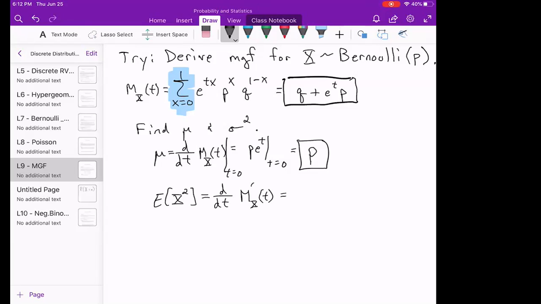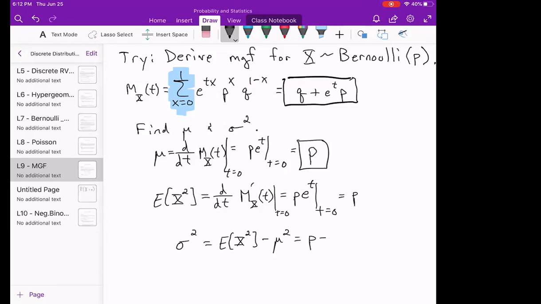So the derivative with respect to t of P e to the t is still P e to the t. So when we evaluate this at 0, we get P. But the variance is the second moment minus the square of the first moment.